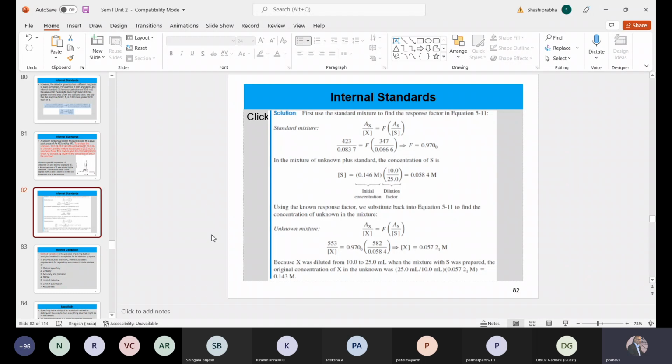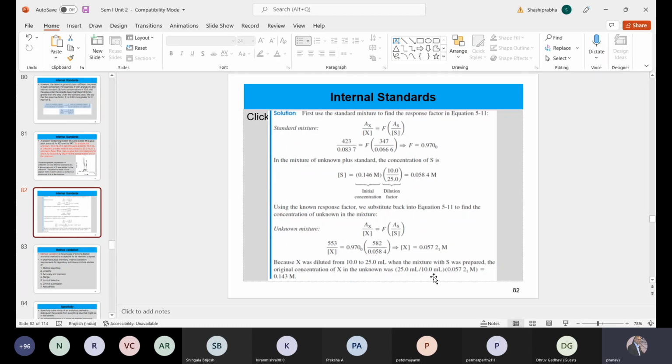So it will be more, so in this case you need to multiply it by 25 divided by 10. It is simple n1 v1 n2 v2 जो मैंने आपको बताया था, 25 divided by 10 into 0.0572 which will give you 0.143 molar solution.